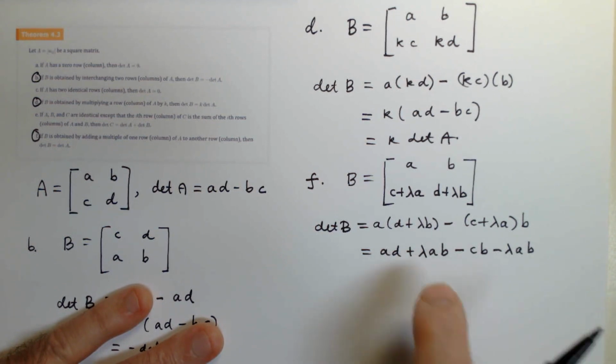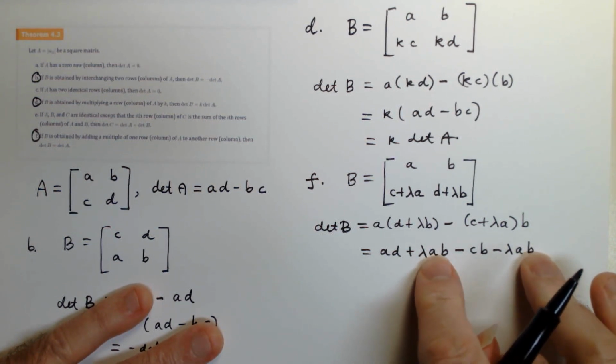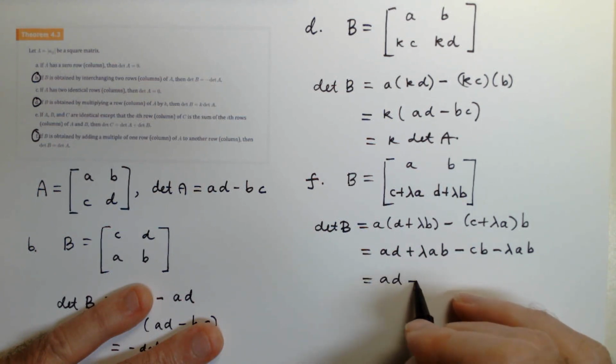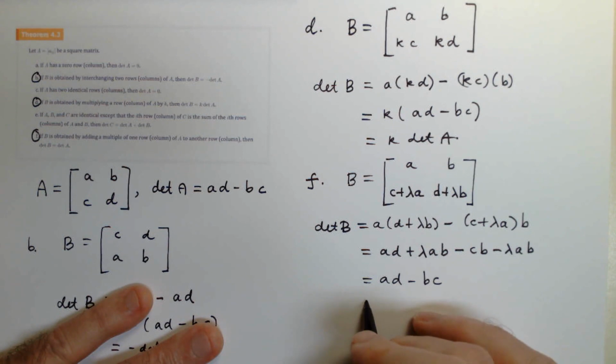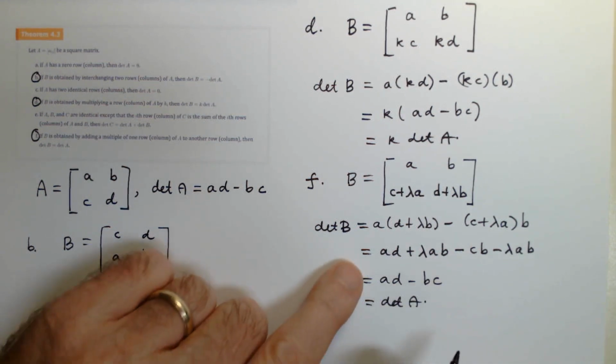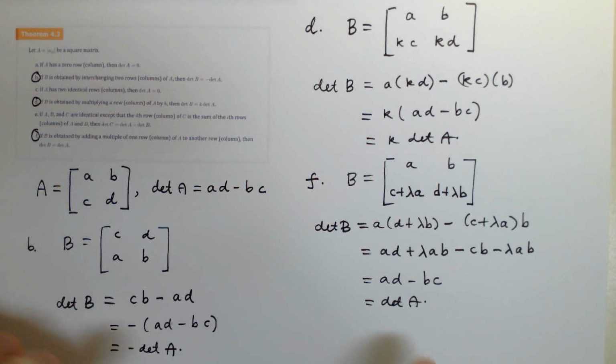And after we distribute, we see that there's this common term here. There's a lambda AB and a minus lambda AB. They cancel each other out, and so we're just left with AD minus BC, and that's just the determinant of A. So in the case of a type 3 operation, we can see that the determinant of B is unchanged. It's equal to the determinant of A.